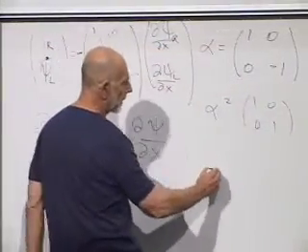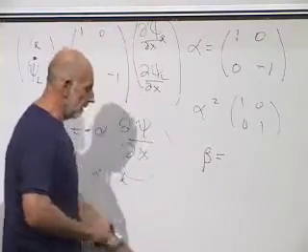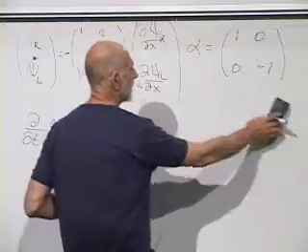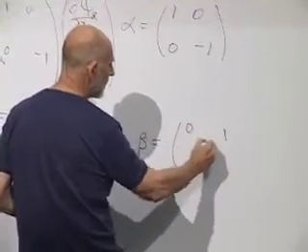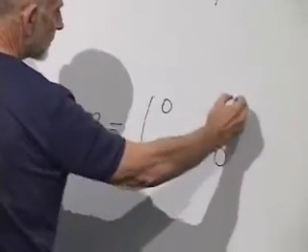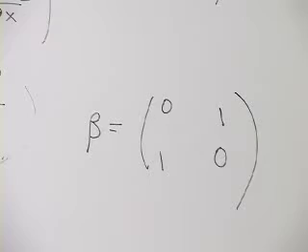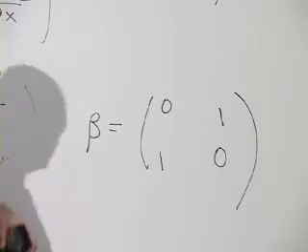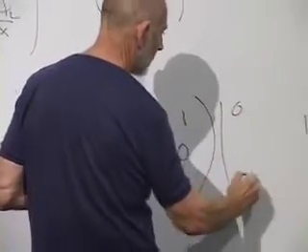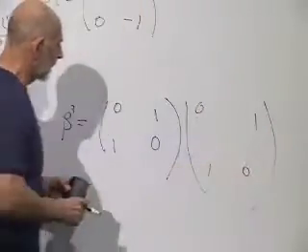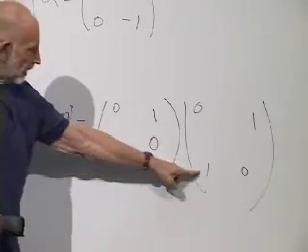Here's an example. Beta is equal to 0, 1, 1, 0. Let's check that. Let's square it. Beta squared is equal to this matrix times itself. In the upper left-hand corner, we have 0 times 0 plus 1 times 1.